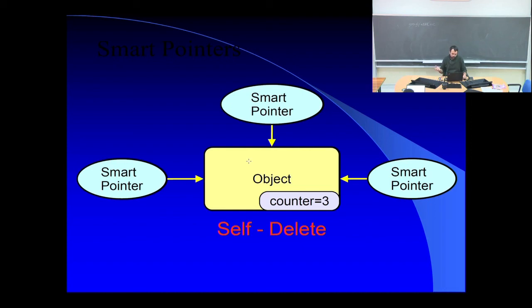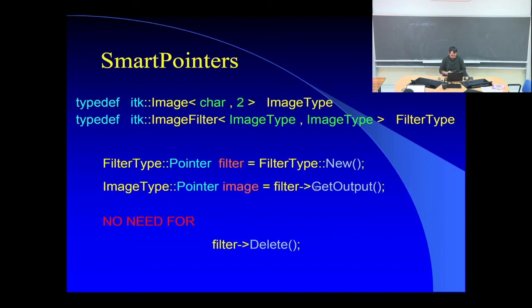Once you don't use this pointer anymore, it's counting the number of references. When they reach 0, it deletes it from memory. What I'm saying here is that it's smart. You only have to do new, you don't have to delete it. Okay?